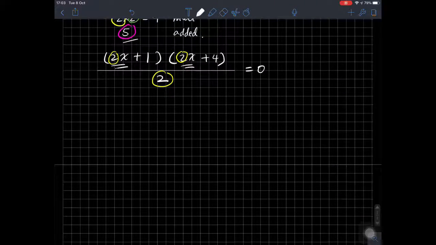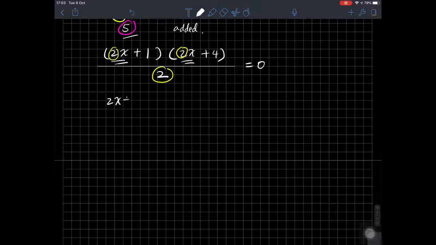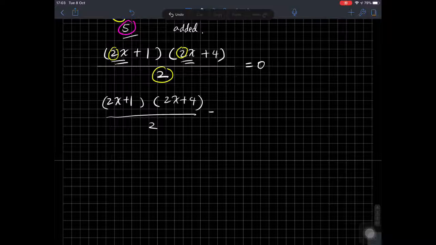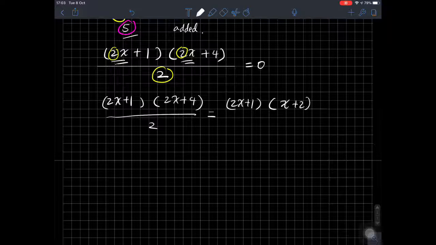Now, how do we solve this? 2x plus 1 and 2x plus 4 over 2. We can write it as this: 2x plus 1 times x plus 2 times 2. Why?